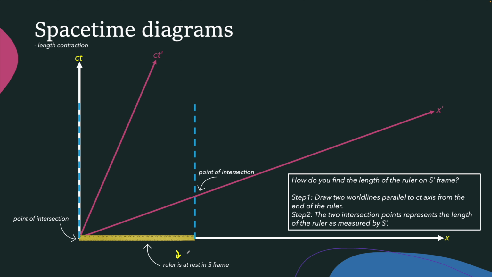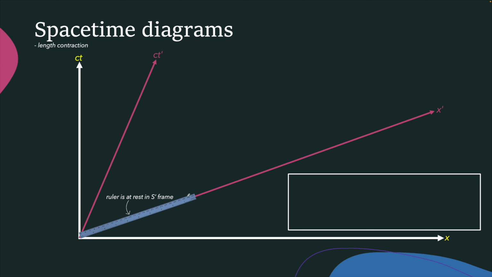And then you'll find the points of intersection. This is the first point of intersection, and that's the second point of intersection. And that will give you the length of the ruler in S prime frame. But make a note that maybe pictorially it appears that this length of the ruler is larger than this, but that's not true because the scales for both the frames are not the same.